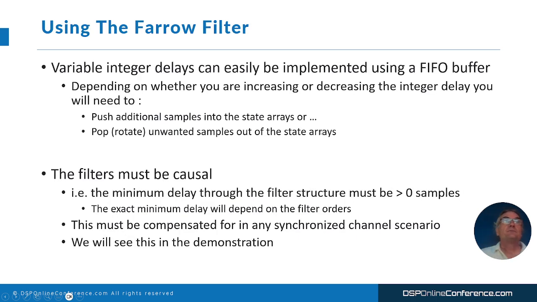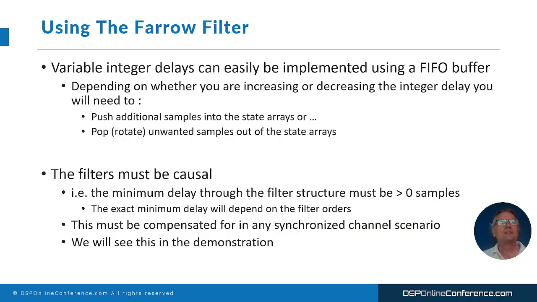Okay, so let's think a little bit more widely, before we go on to look at the filter coefficients in more detail, about applying this filter. Well, the first thing that you might need to think about in many applications is the scale of your delay.